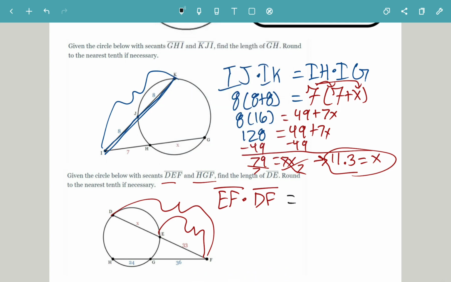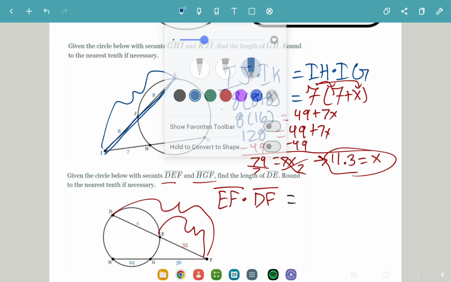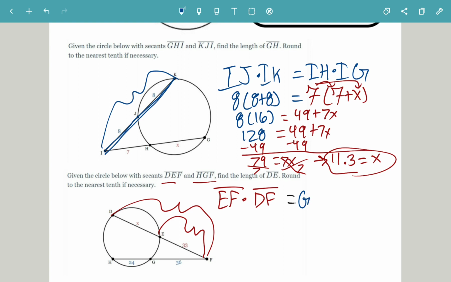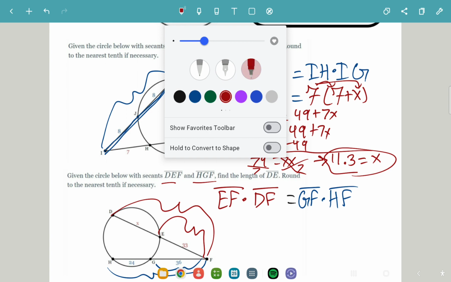That is equal to GF for the outer of the bottom secant times the entire secant FH, or HF, however you want to call it. And now we plug in our values.